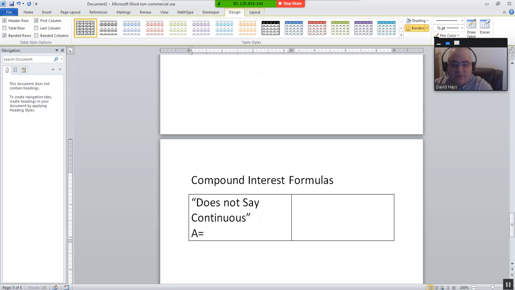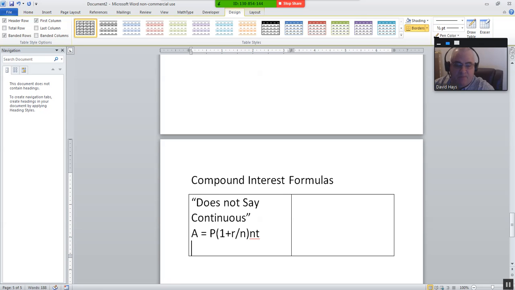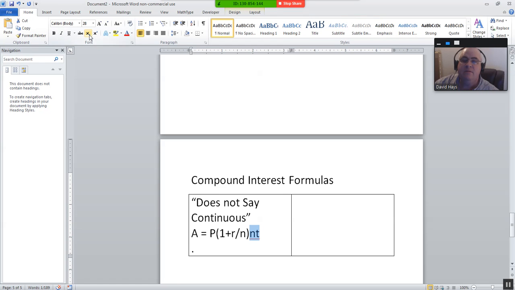And that'd be A is equal to P times 1 plus r over n to the nt power. The other type does say continuous. It'll say compounded continuously. That's A is equal to P e to the rt power.